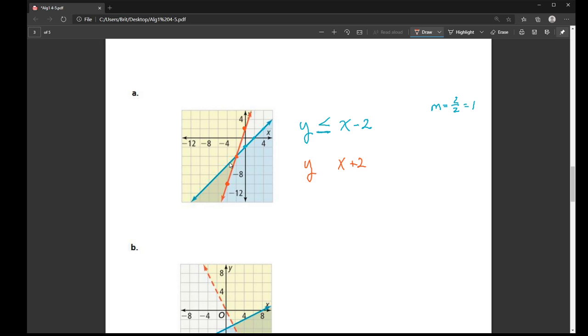From one point to the next, it looks like I'm rising by 3 and running by 1. So I have a slope of 3. Now the shading for this orange line is above the orange line. So I'm going to say that y is greater than all that stuff. And because the orange line is solid, I'm going to say it's greater than or equal to.